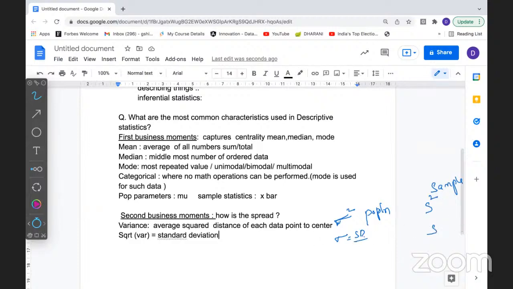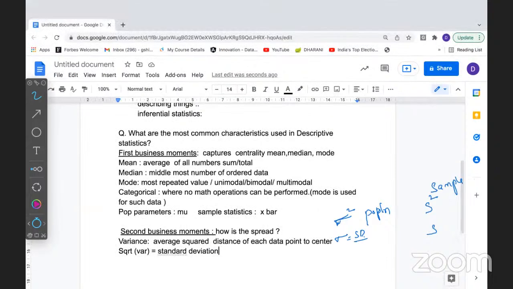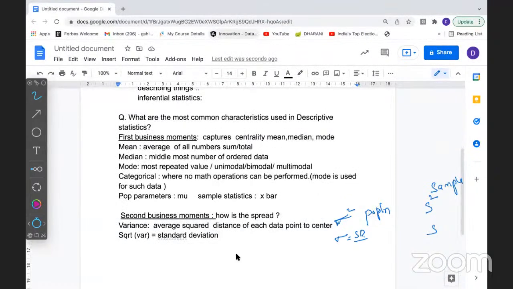If I'm calculating for population: xi minus mu whole square, take the average, square root. This is nothing but your sigma.